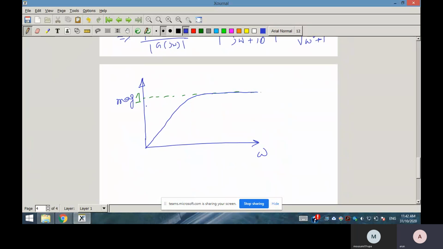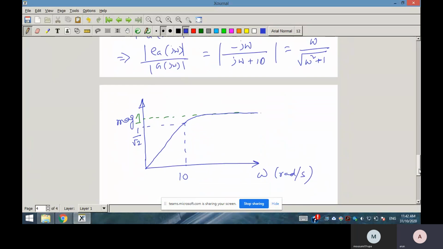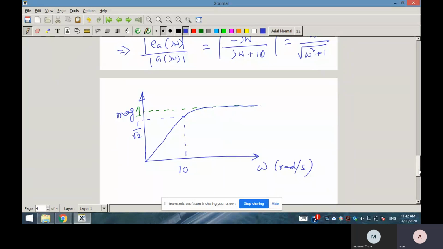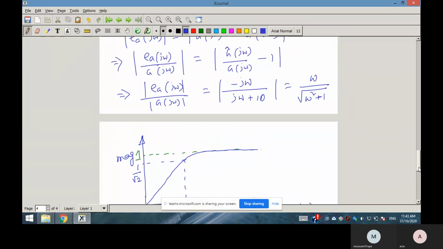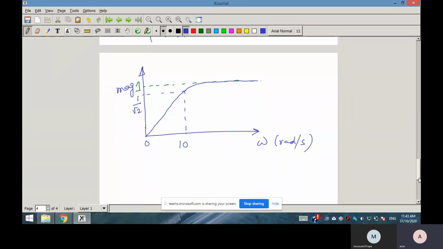So here the 3 dB cutoff frequency will be 10 radian per second, and the magnitude will be 1 by root 2. You can see from this figure that the normalized error increases with frequency. So at omega equal to 0, this is 0, and as omega increases, it increases.